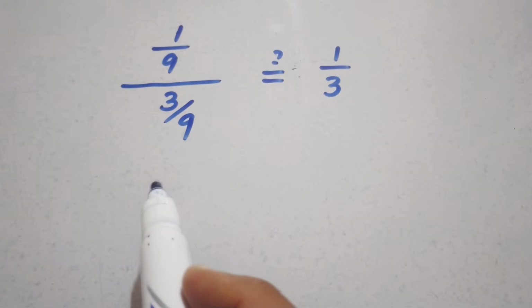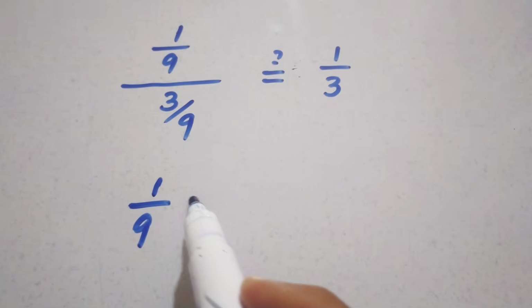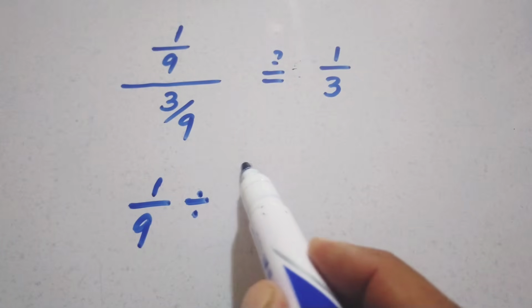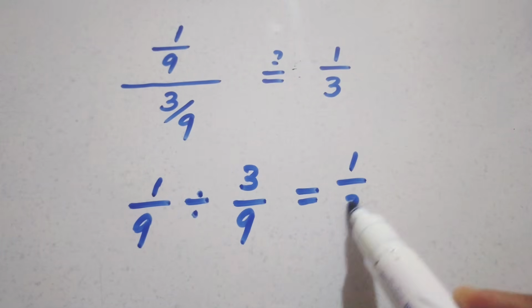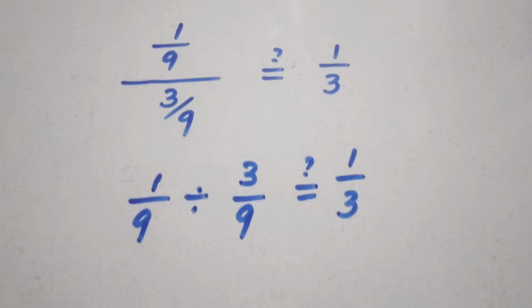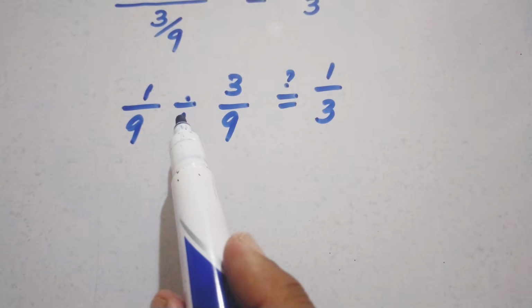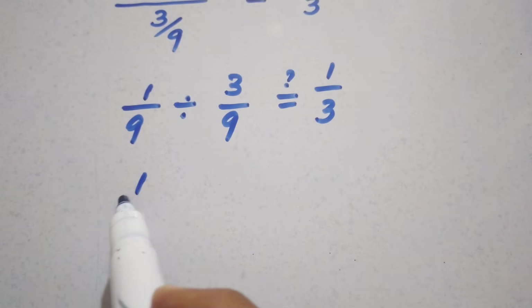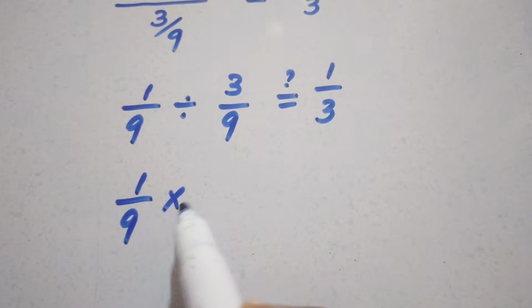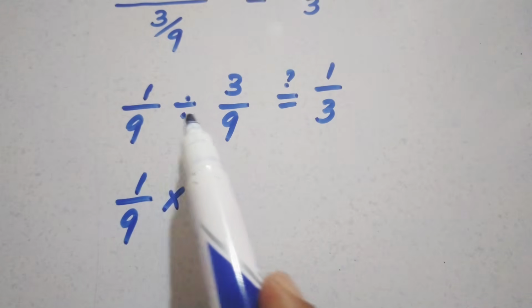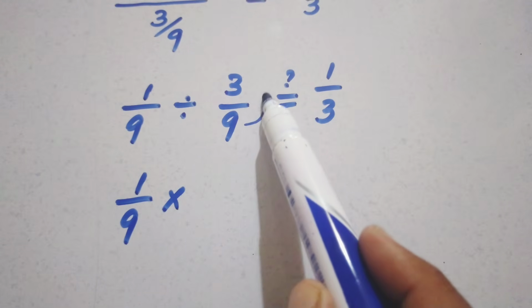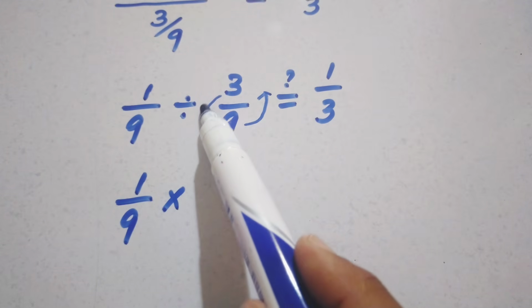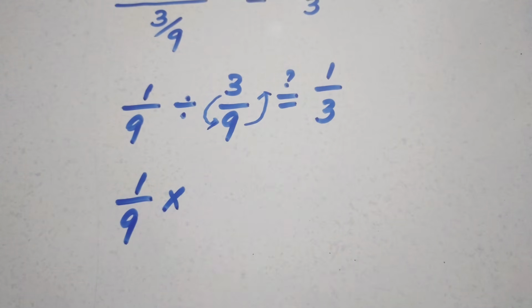We can write this as 1 by 9 divided by 3 by 9 is equal to 1 by 3. And now change the division into multiplication. We get 1 by 9 multiplied by, when we change this division sign to multiplication, we change the numerator into denominator and denominator into numerator.